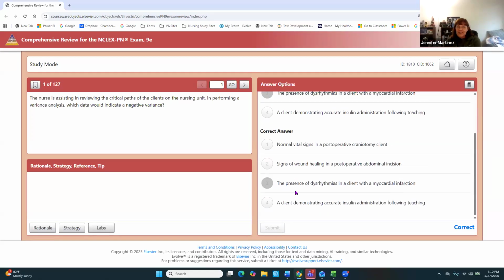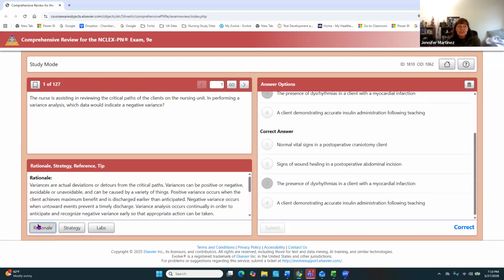So, very good. Yes. So we look at the rationale. Variances are actual deviations or detours from the critical paths. They can be positive or negative, avoidable or unavoidable, and can be caused by a variety of things. Positive variance occurs when the client achieves maximum benefit and is discharged earlier than anticipated.